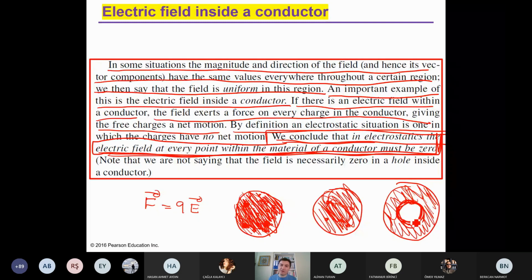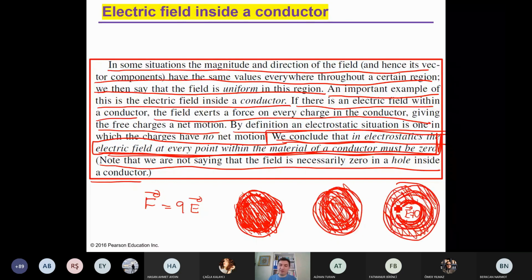So depending on the conditions, note that we are not saying that the field is necessarily zero in a hole inside a conductor. This is a completely filled conductor. But here we have a conductor with a hole within it. And the electric field can be different from zero within the hole inside a conductor. Do you have any question related to this statement?